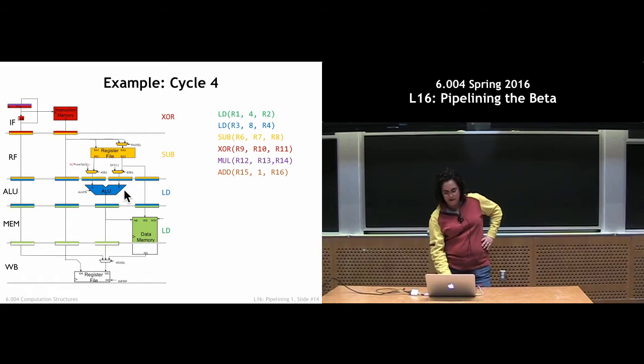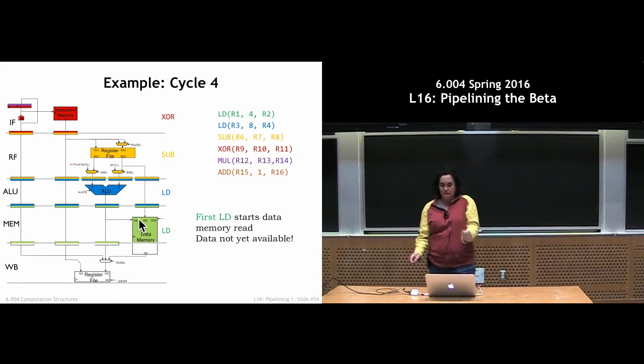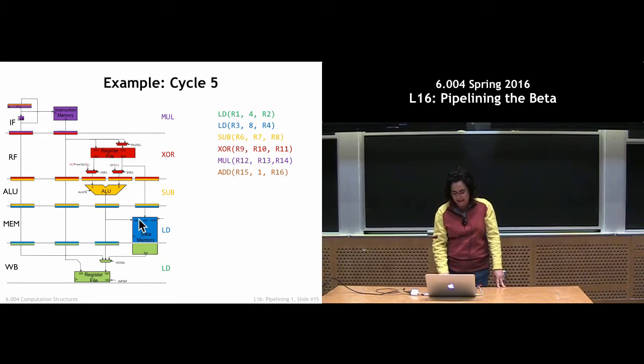We then move on to the memory phase, and at this point, we pass the value that the ALU computed as our address, and we initiate our memory read. So remember that it's now clocked, and we give ourselves 2 clock cycles. So the data is not going to be available to you in this clock cycle. The data becomes available to you in the write-back stage, okay?